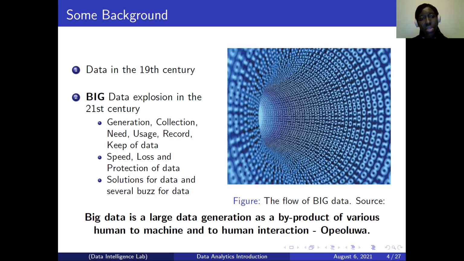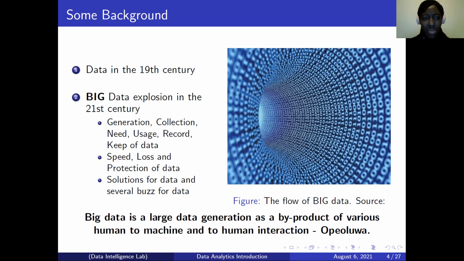And in the 21st century, as the growth of data became enormous due to the advent of the internet, due to the advent of more storage devices that could amass much more data, data became much more prominent. And then the concept of big data started coming to limelight.